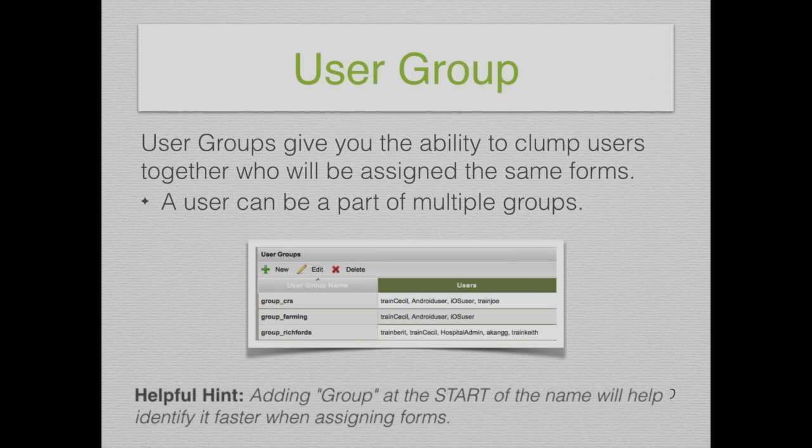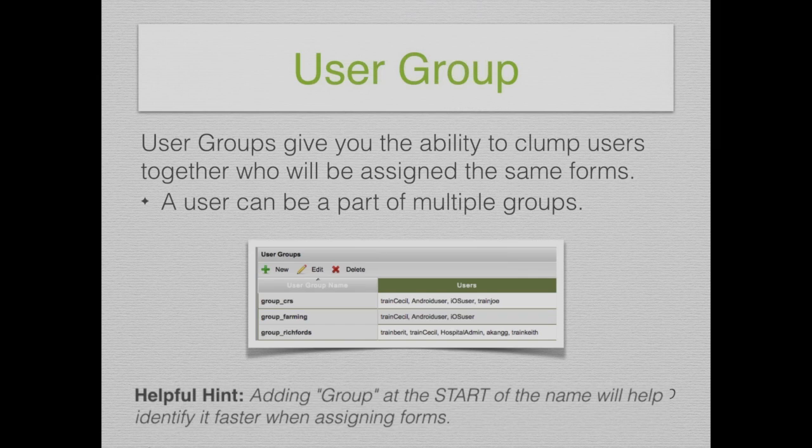The user group allows you to group users together, and every time you assign that user group to a form, all of those users will come with it. What I really suggest doing here is creating a group whose name starts with the text group, because when you are assigning, your user group is going to be located in the same area as each individual user, so it's much easier to find that user group if the name starts with group.